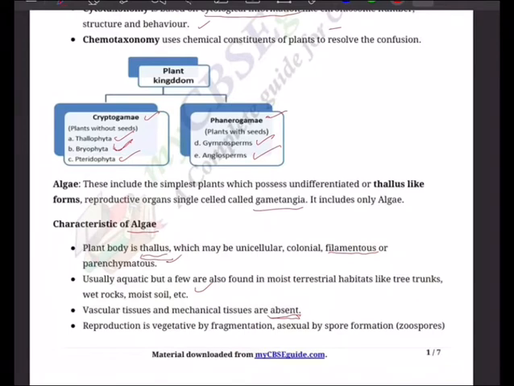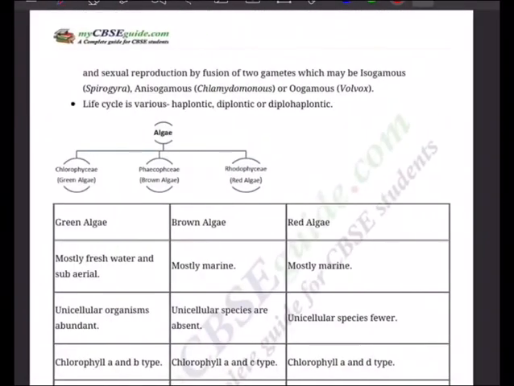Reproduction is vegetative. By what means? By fragmentation, meaning fragments, breaking the body into small pieces, and each piece will grow again into a new individual. Asexual reproduction, not involving any spermatangia or gametangia, is by spore formation, particularly zoospores, meaning spores that can move, which will help the algae to grow.